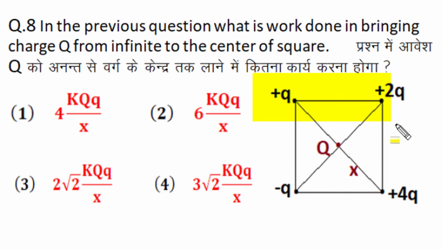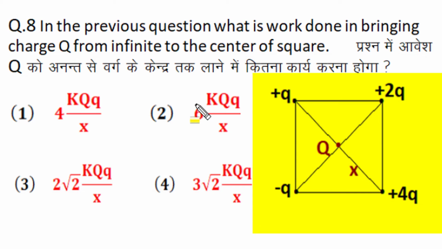In the same charge distribution of the previous question, we have to find the amount of work done in bringing this capital Q charge from infinity to the center of this square. For the work calculation, we have to find the potential contribution of these four charges at this central position. Because of the symmetry of the charge distribution, when the observation position is at identical distance from all individual charges, we can use the summation q technique, and the summation q of all four vertex charges is plus 6q.